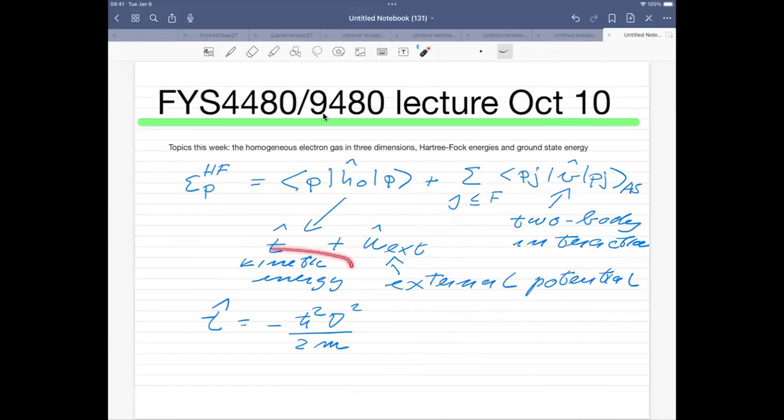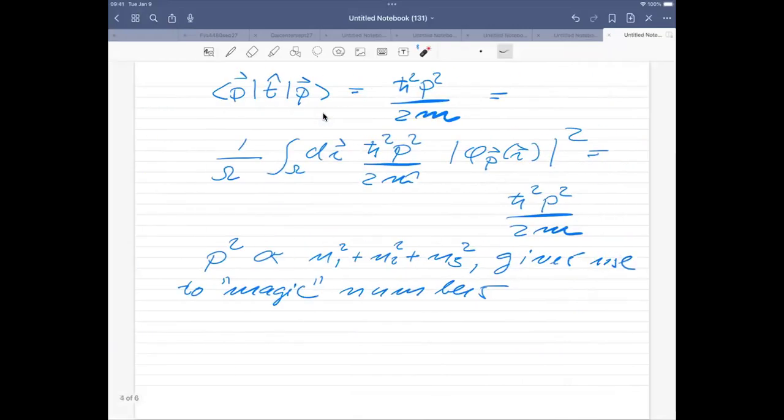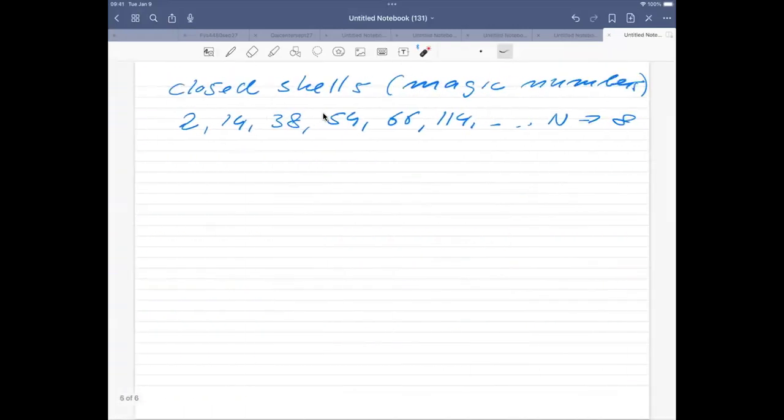So we have electrons which roam around in the system, and then they see a continuous background charge. That is an important assumption and simplification which we are making. So if we now go back to the external potential, this external potential is going to describe a background charge of ions.